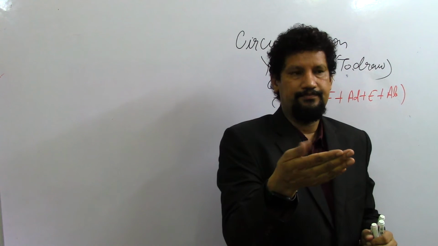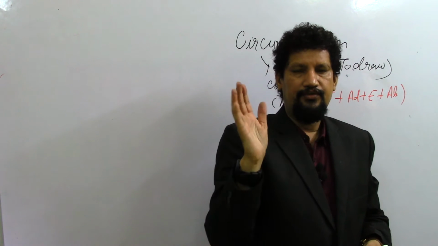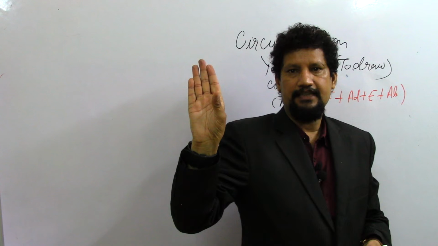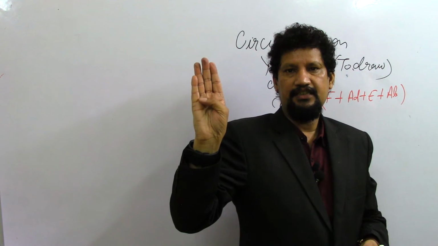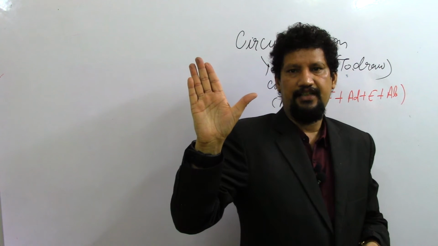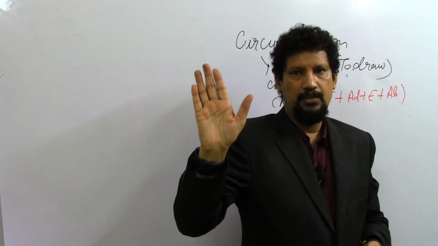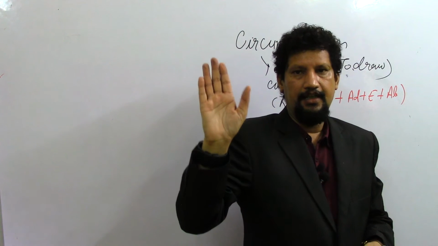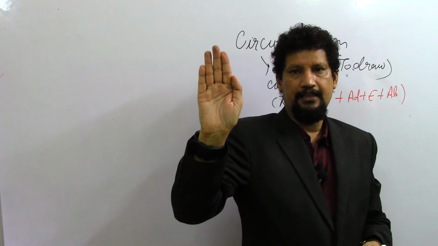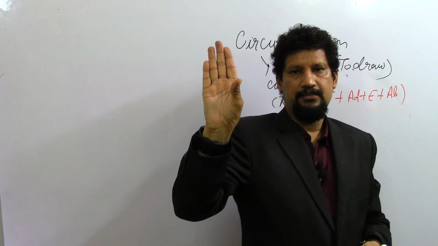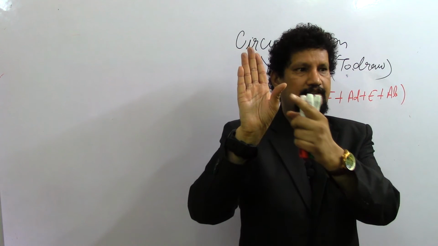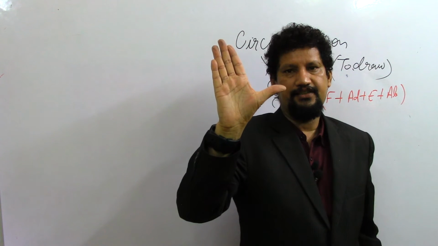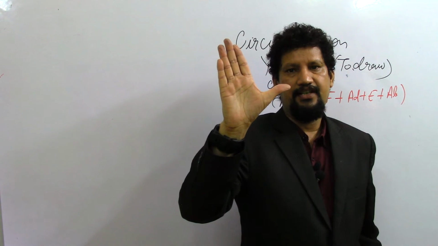In case of the thumb, this is adduction, this is abduction, this is flexion and this is extension. So in case of the first carpo-metacarpal joint, this is adduction, abduction, moving the thumb forward, flexion and extension.